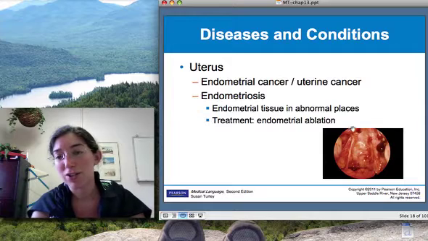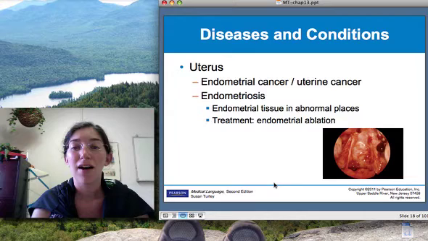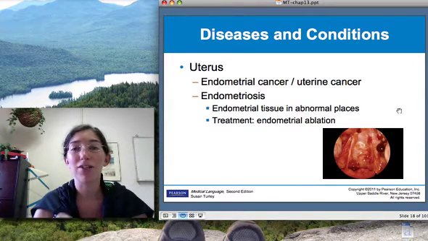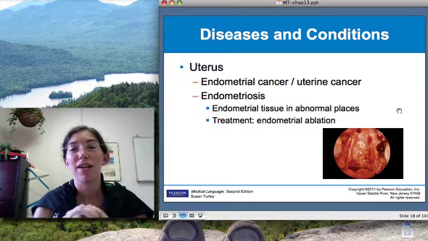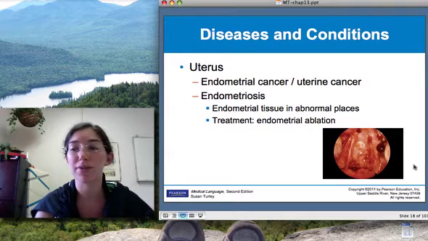And this is a picture showing endometriosis. And the treatment is usually ablation, so going in like with a laser and kind of burning off or laser treating all of the different sites, all of the different abnormal growths.